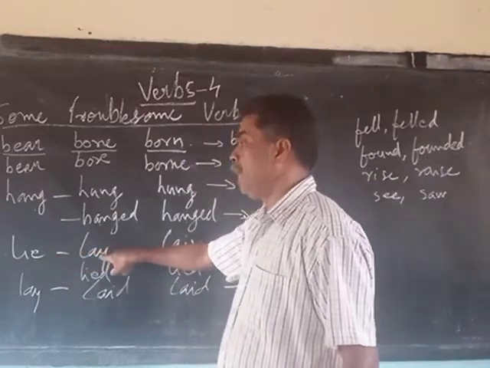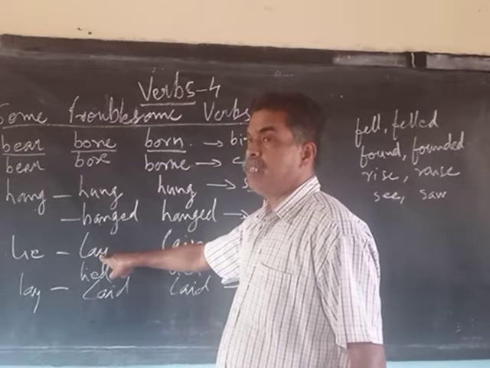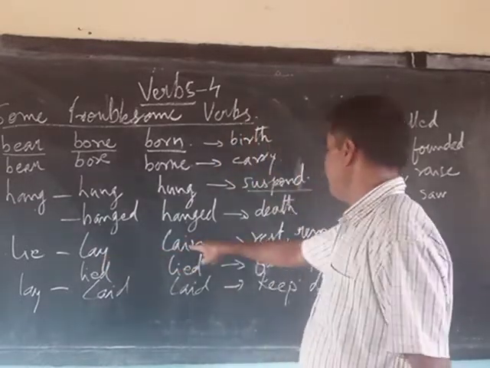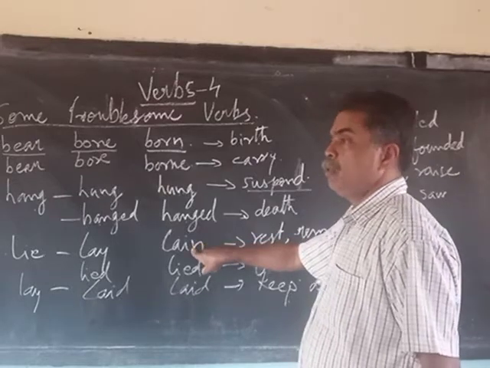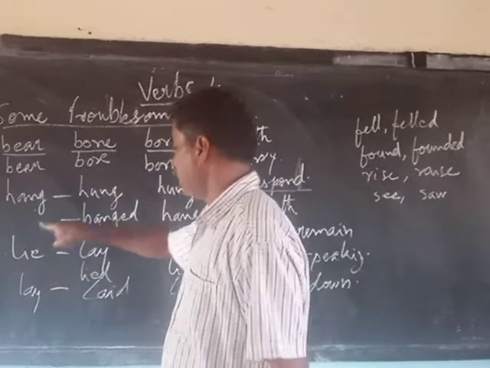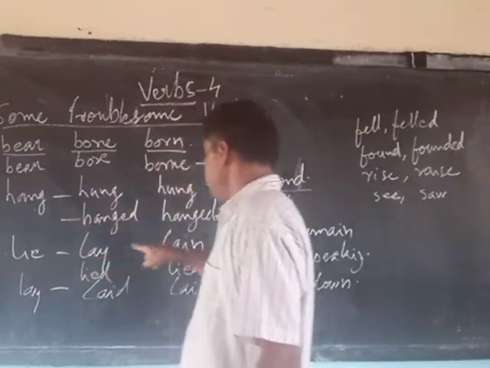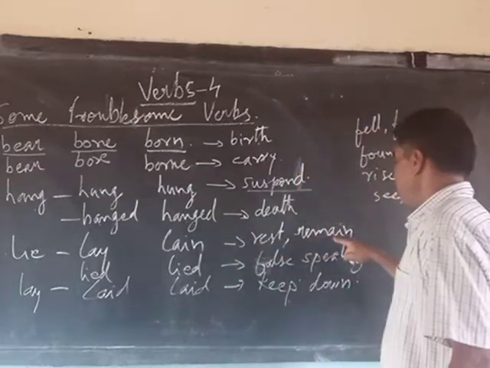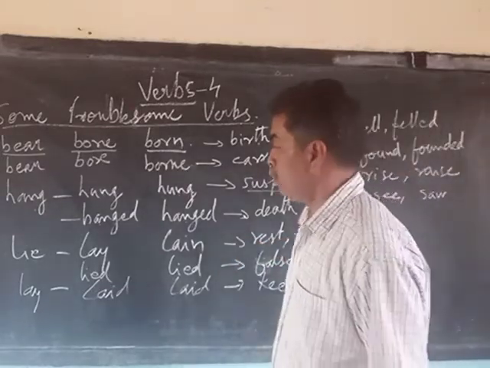Past tense, lay. When he was tired, he lay on the bed to take rest and all that. Lain, L-A-I-N, is the past participle or V3 form. L-I-E, lie, present; L-A-Y, lay, past tense; L-A-I-N, lain, past participle, related to rest or remain quiet, calm.